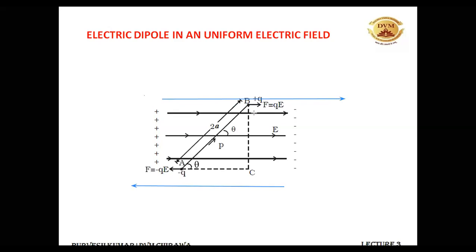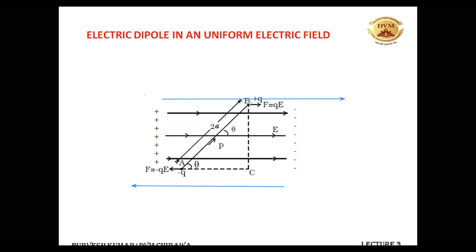Now, when we are having two equal and opposite forces with different lines of action, we will be having a torque, that we have studied in class 11th itself. The two equal and opposite forces with different lines of action make a couple. And whenever a couple is acting on a particle, then the particle will tend to rotate.